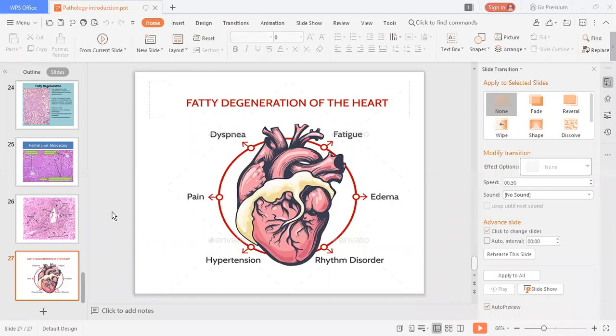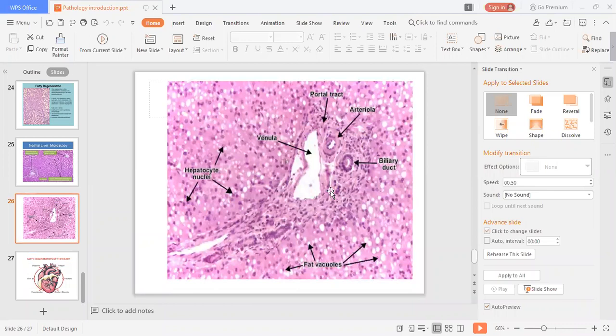And if the cause is poisons or toxins like alcohol, or infections like viral hepatitis, or organic solvents, in that condition the fat is found nearest to the portal triad, nearest to the afferent blood supply, that is the portal venules and hepatic arteriole.